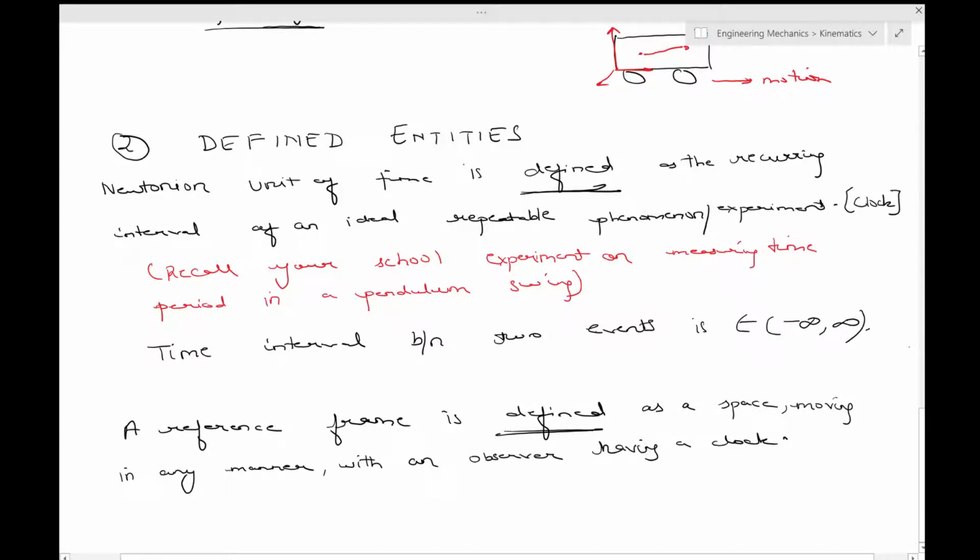So a reference frame is defined as a space moving in any manner with an observer having a clock.